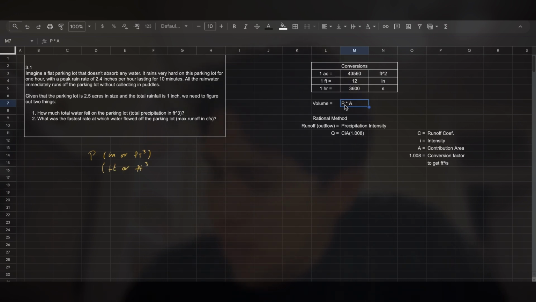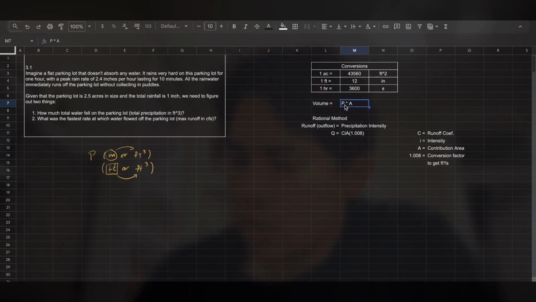The reason there are two different units is that we need to multiply the depth in feet times the area to get cubic feet. Same thing with inches. We need to convert this into feet first and then multiply it times the area to get cubic feet, precipitation as a volume in cubic feet.